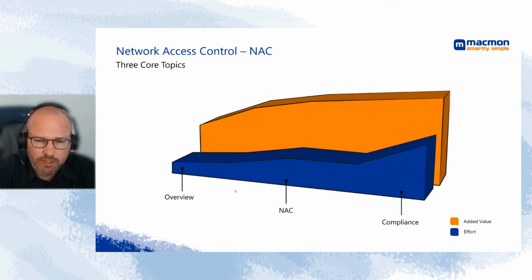As soon as this overview is available, it's quite easy to do the next step and enforce the access control, which means isolating unknown endpoints or unwanted endpoints, putting the trusted endpoints into the right network segments, and automating a lot of network administration things in the network. And the third topic then is compliance. So here it is about checking the security status of an endpoint, whether it is compliant or not, and if not, perhaps isolating again and alarming administrators, people in the company to look after the system.